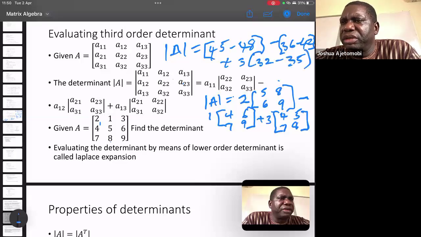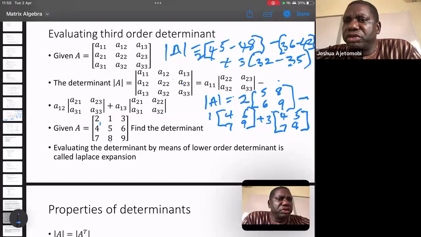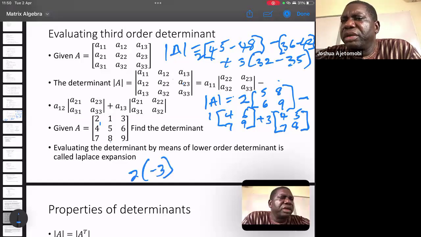So the first one is 2 into minus 3, minus 1 into minus 6, then plus 3 into minus 3.